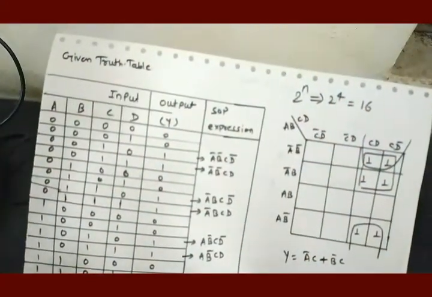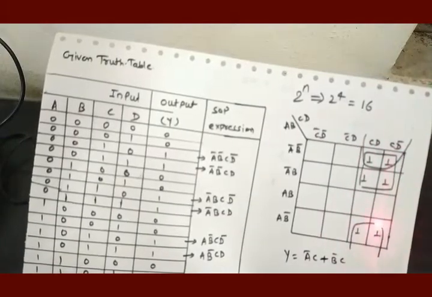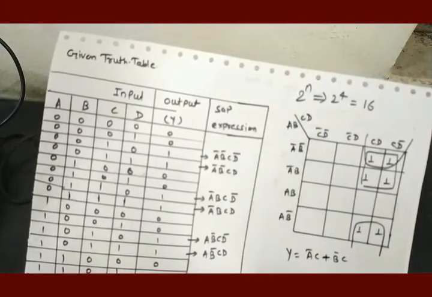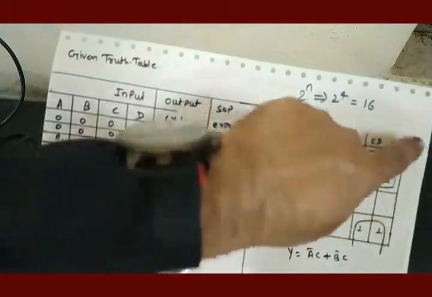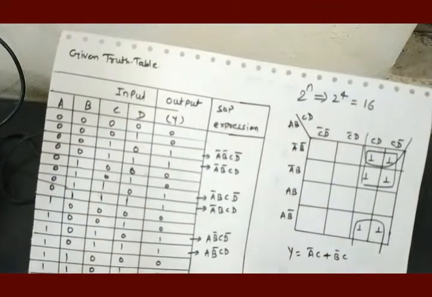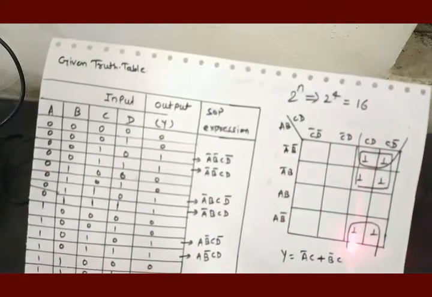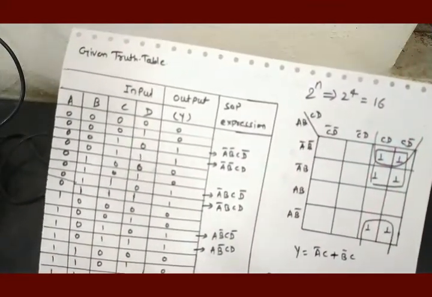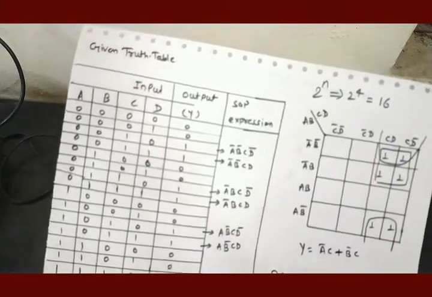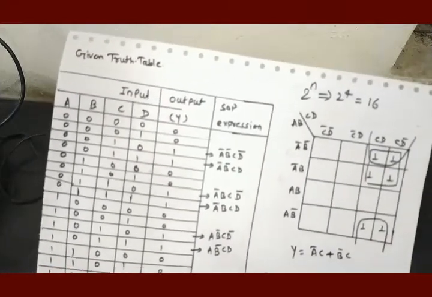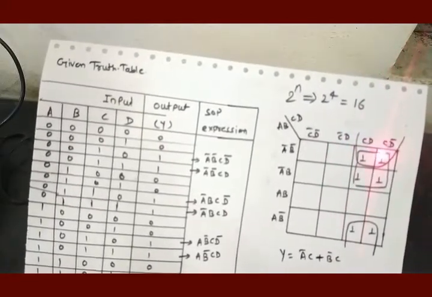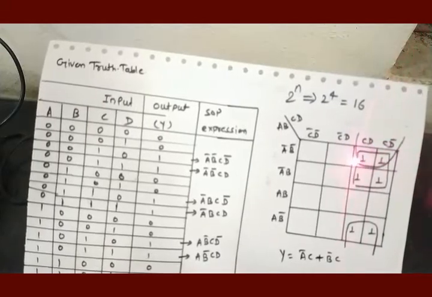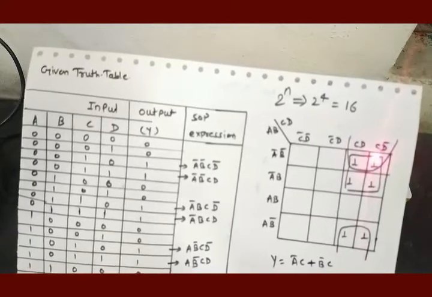This line and this line represent that the map is rolled, so that this will be connected to this, and these 2 ones and these 2 ones, because of rolling of the map, will form the second quad. And when we go from the third column to the fourth column or from the fourth column to the third column, D is changing its form either from D to D bar or D bar to D.